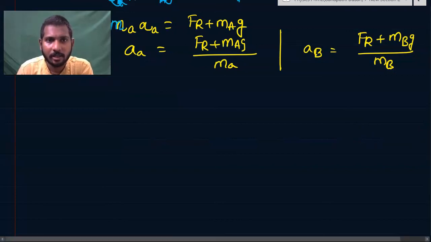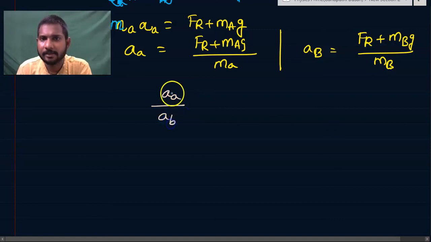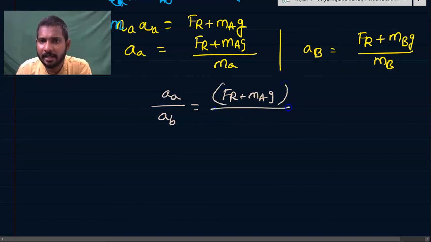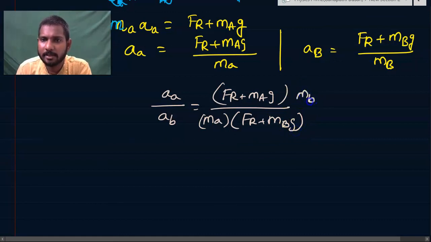What is aA by aB? If we divide both of them, we get Fr plus mAg divided by mA, and Fr plus mBg divided by mB goes upwards.